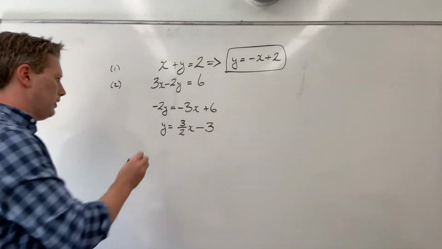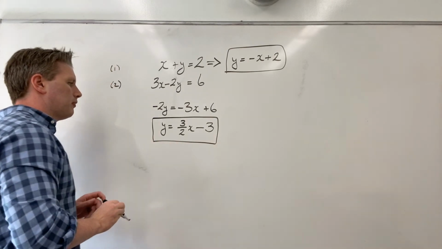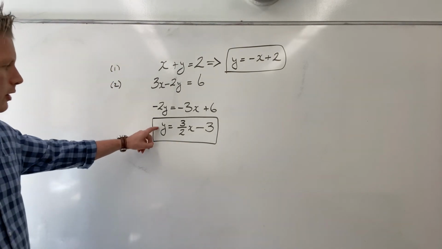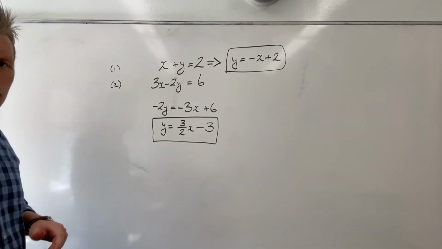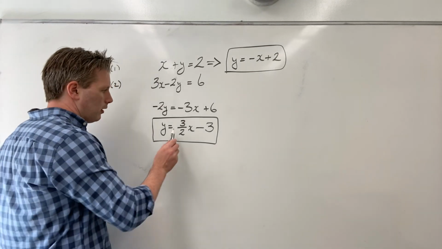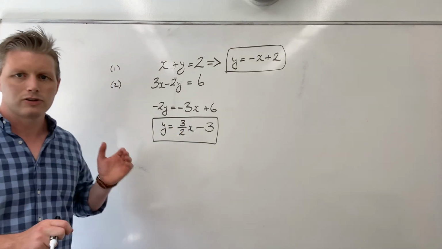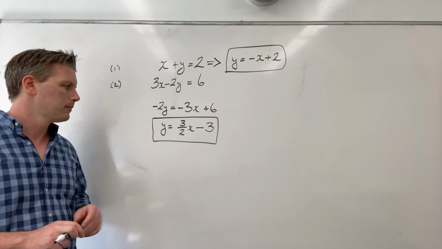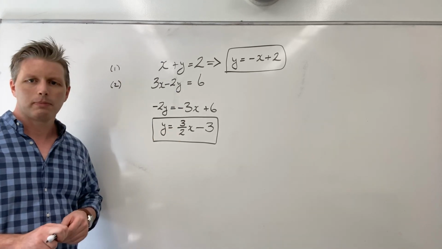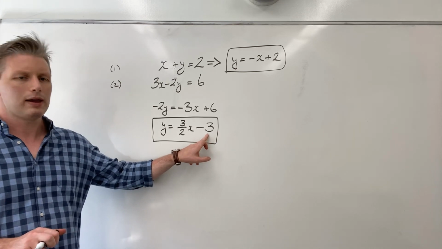And now this is also in slope-intercept form. So this here is equation number 2 written in slope-intercept form. This coefficient right here, the coefficient on the x, is the slope of that line. In this case, that slope happens to be 3 over 2, and this minus 3 is the y-intercept.